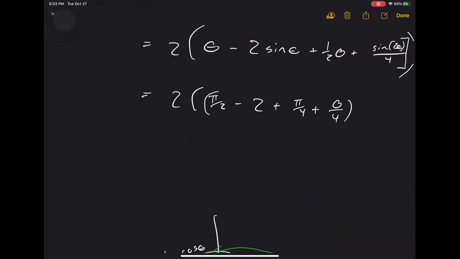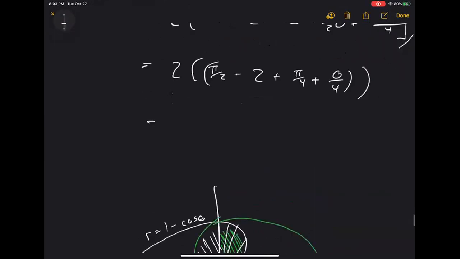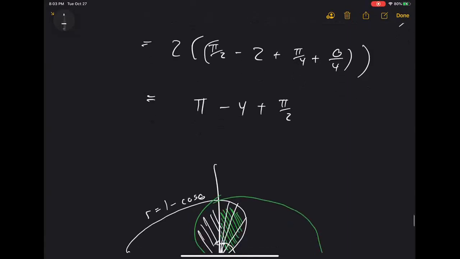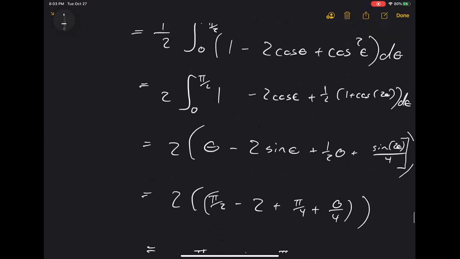So I should just end up with this, which is equal to what? Pi over 2 minus 2 plus pi over 4, so really 3 pi over 8 minus 1. Okay, and that should be the answer.